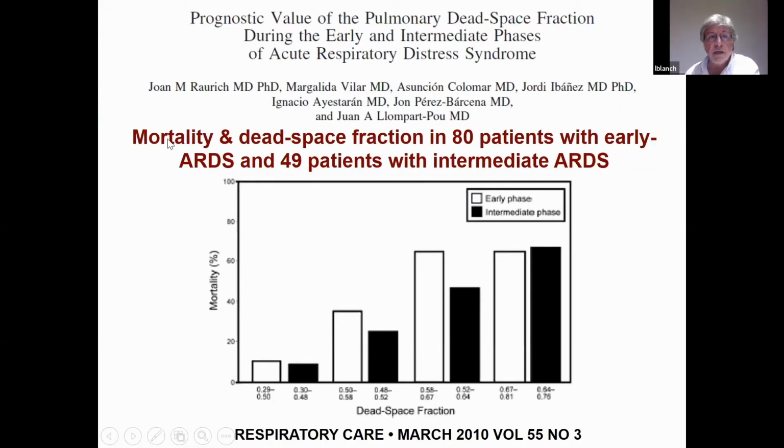This is an interesting investigation from Joan Maria, showing mortality and dead space fraction in patients with ARDS, early and intermediate ARDS. Again, there seems to be a nice correlation, mostly in intermediate ARDS, between mortality and dead space fraction.